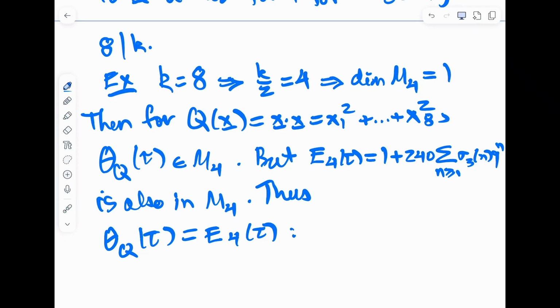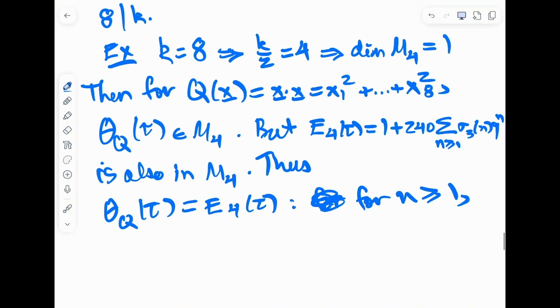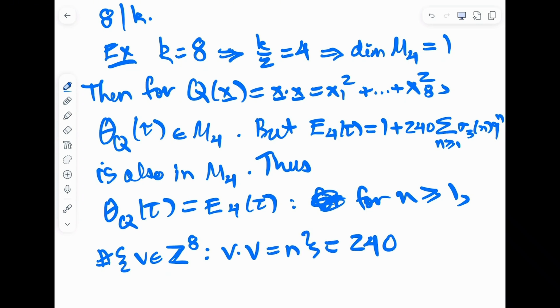In other words, for all n at least 1, the number of vectors in Z8 which have squared length n is given by 240 times the sum of the divisors cubed.